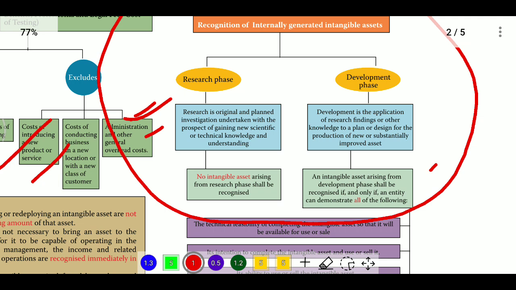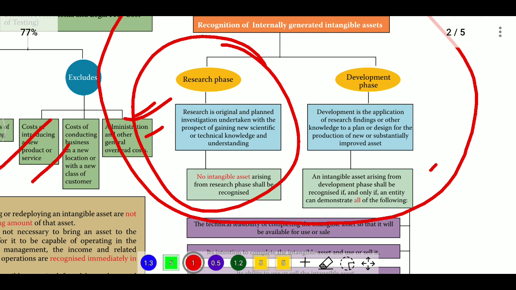Research phase means a planned investigation to gain new knowledge. Whatever expenses are made during this research phase are not recognized as intangible assets. So whatever expenses we incur in this research phase, we should not recognize as intangible assets.